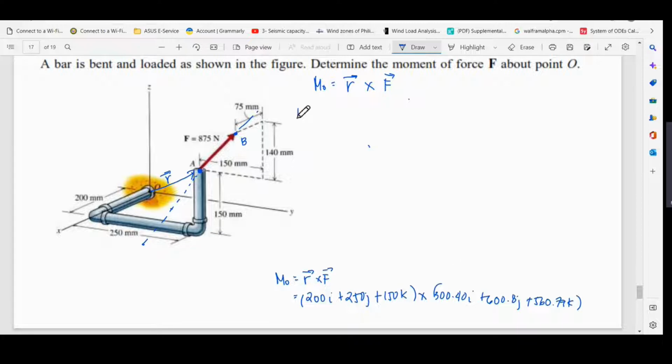So we have moment at O, 200, 250, tapos 150, tapos 300.4. Spacing natin para hindi tayo malito. 200, 250, tsaka 150. 600.8, 560.75.